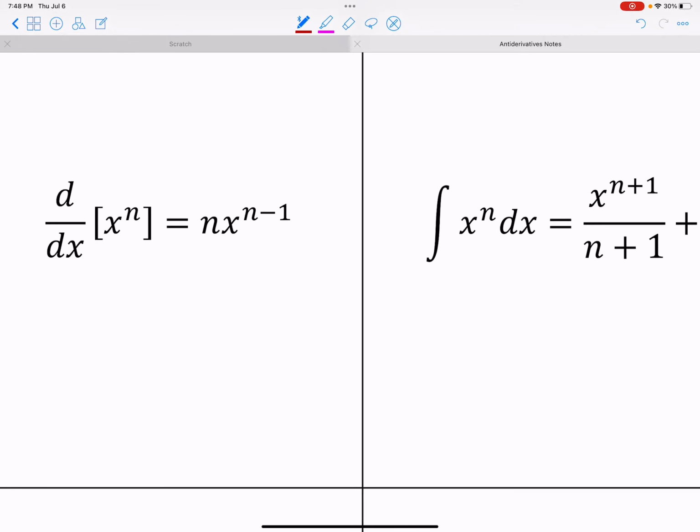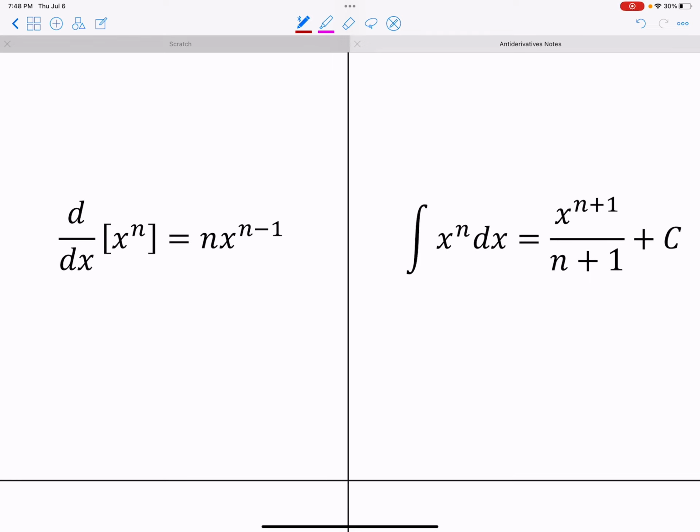So working in reverse, again, it's a little strange. We know our power rule, so if I was differentiating x to the third power, we multiply and then we subtract 1, right? So multiply by the exponent, subtract 1 from the exponent. So we need to do those opposite operations. Instead of subtracting 1 from the exponent, we're going to add 1 to the exponent, and instead of multiplying by the exponent, we're going to divide.